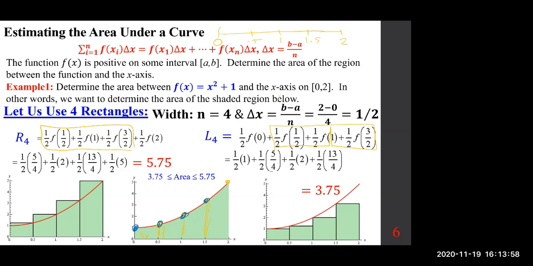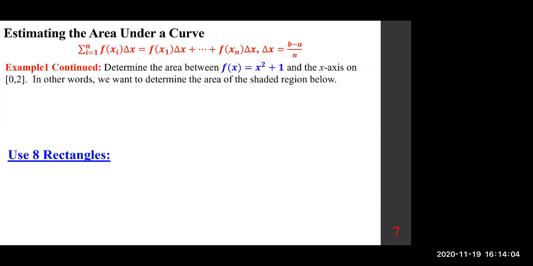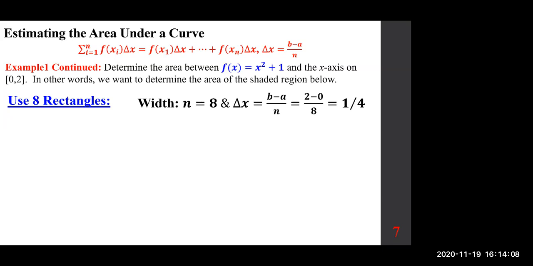Okay, let's do the same thing quickly with larger n. So we're going to go with 8. Delta x is b minus a over n, and that becomes 1/4. And as far as your line segment is, again, you draw this. Okay, this is 0. This is 2.